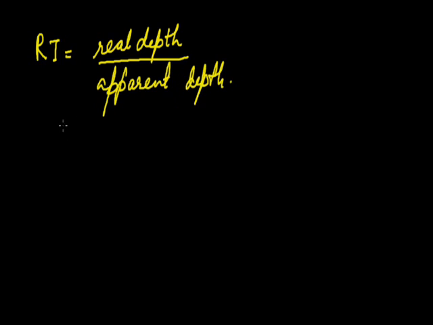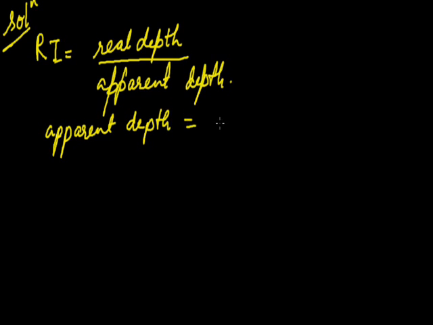Now we have the relation between the relative refractive index and the real depth and the apparent depth of an object in a liquid, that refractive index is equal to real depth upon apparent depth. If we have to calculate the apparent depth, then we can rearrange the formula and get the apparent depth as real depth upon the refractive index.